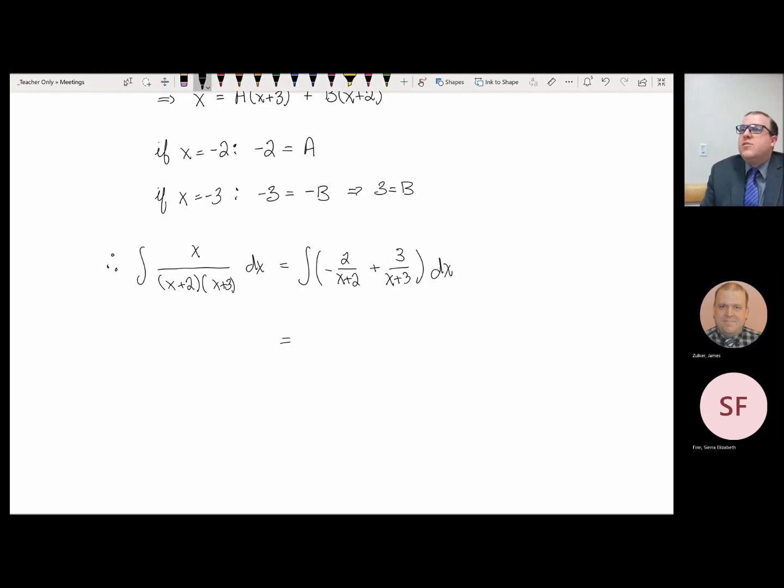All these antiderivatives are fairly simple. And there's our antiderivative.